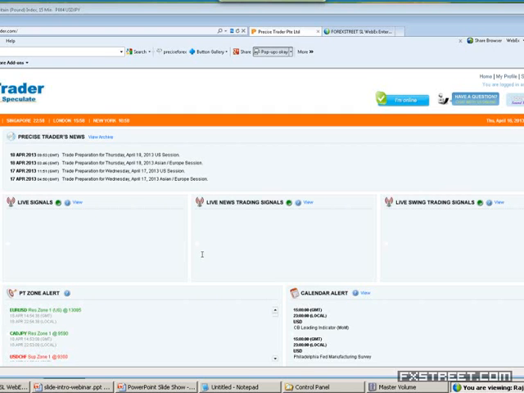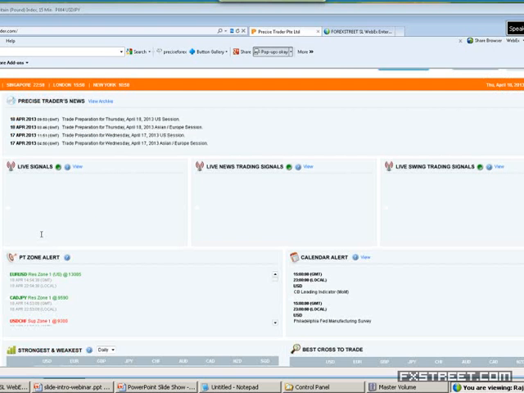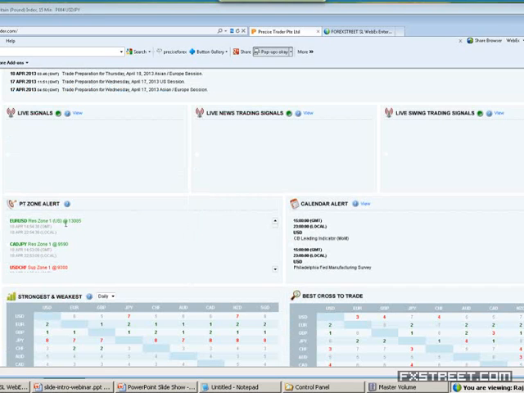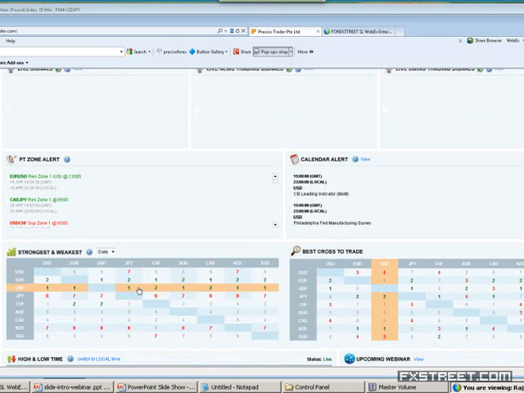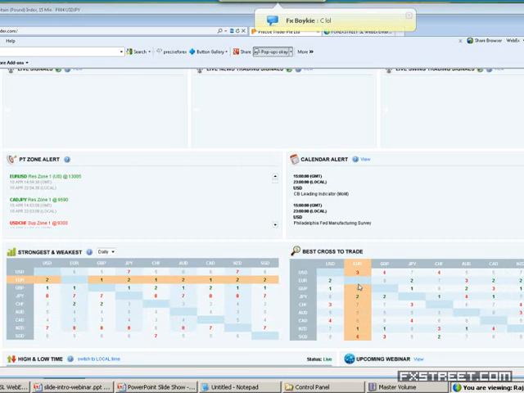This is how, in fact, Euro, as just now we had an alert saying that it broke our resistance zone 1. It is giving 1 and 2, which says this is the strongest cross. On my right, Euro US is number 3, so Euro Kiwi is the best cross to be traded.